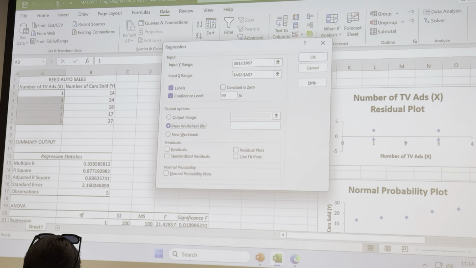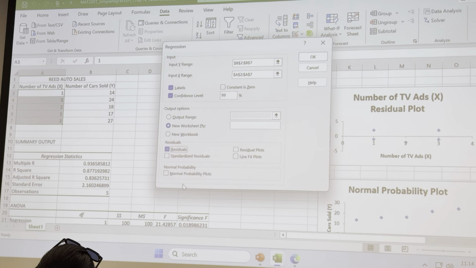New worksheet. And residual is just the difference between Y and Y hat. A standardized residual is just like your Z value. And here is the residual plot.